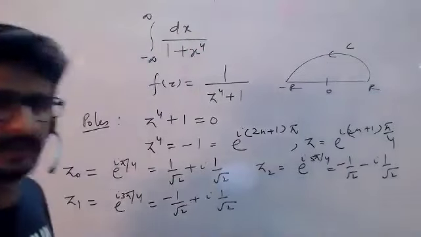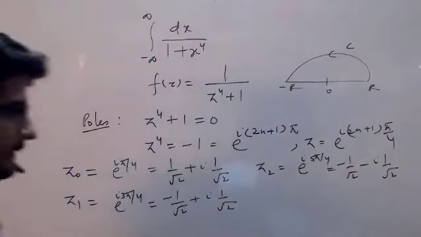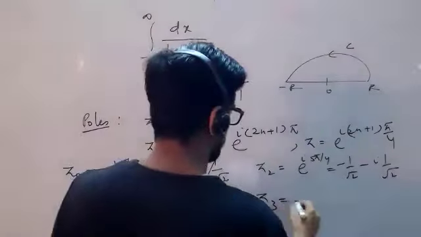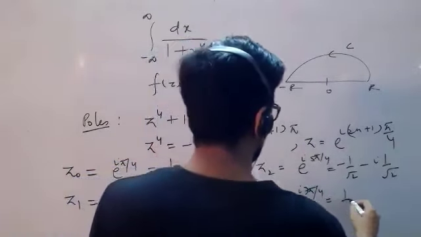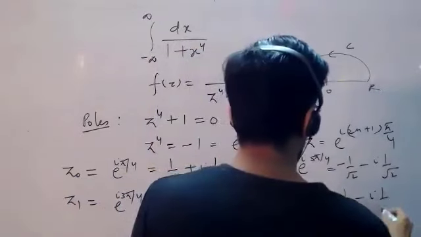This all we have already done. And z3, the fourth root, e to the power i7 pi by 4, which will be 1 by root 2 minus iota 1 by root 2.